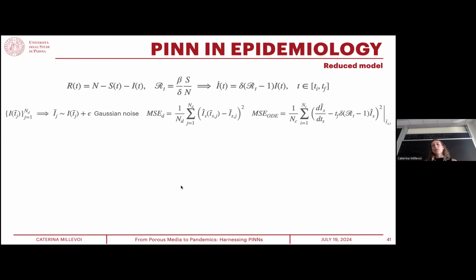But when you are dealing with real data, they are strongly affected by noise. And if we wanted to use this data affected by larger noise, we were not able to handle this noise during the training. So what we did was to try to reduce the number of ODEs.